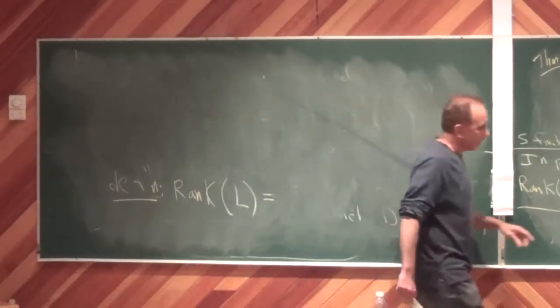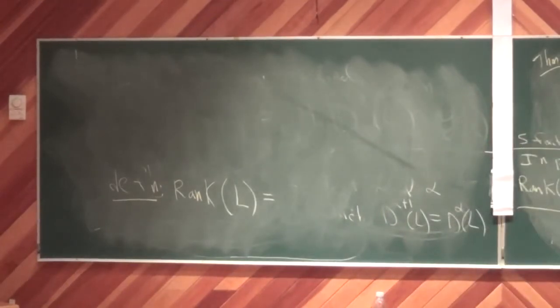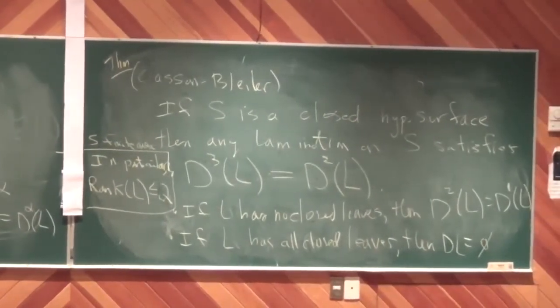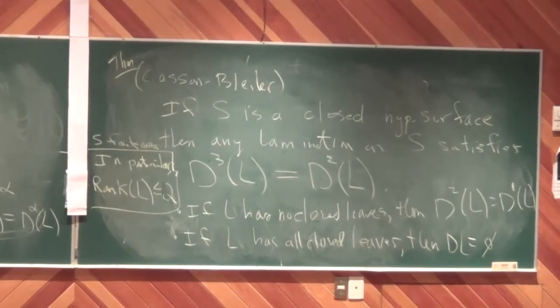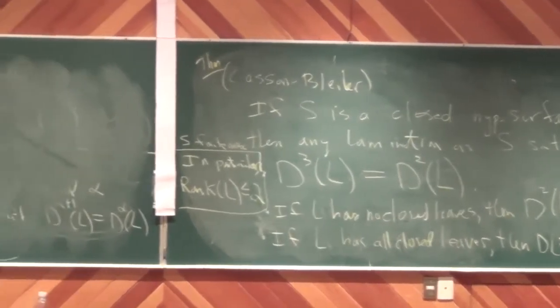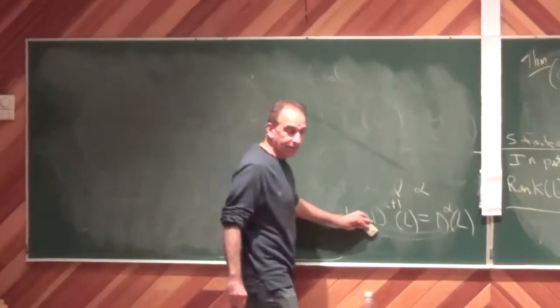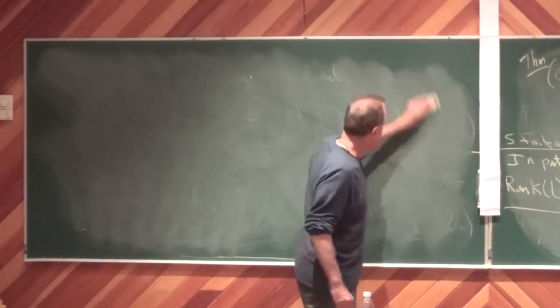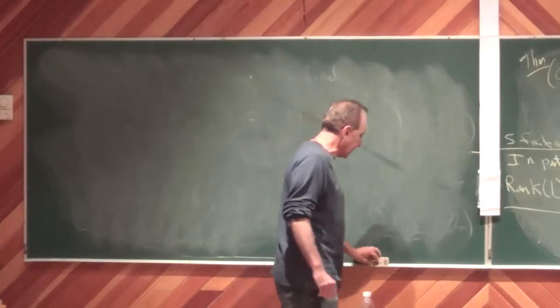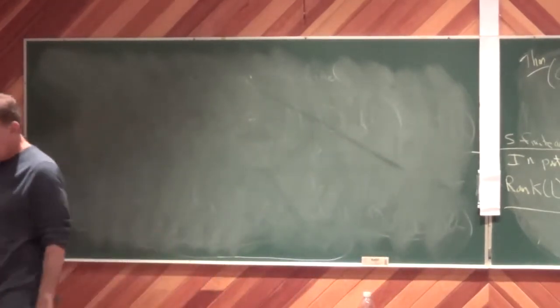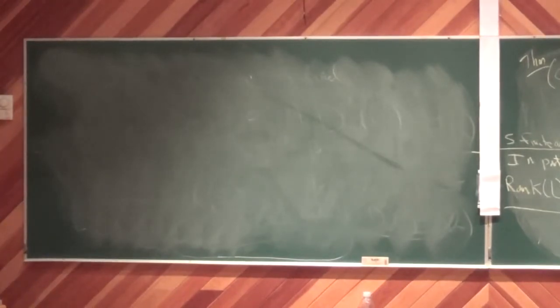So I want to focus on this result: if you just have closed leaves, the derivative is empty in the finite derivative case. When you start thinking about infinite type surfaces, there's a subclass you can talk about, the ones where the leaves are all closed geodesics.